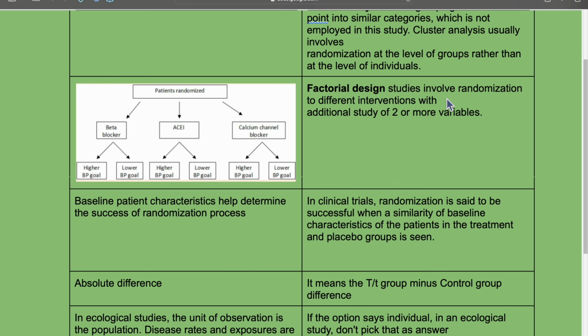Studies involve randomization to different interventions with additional study of 2 or more variables. Okay, so patients randomized to beta blockers, ACE inhibitors, and calcium channel blockers. And then again, within those groups, they were further divided into higher blood pressure goal and lower blood pressure goal for each of them. So these are factorial designs. Okay.